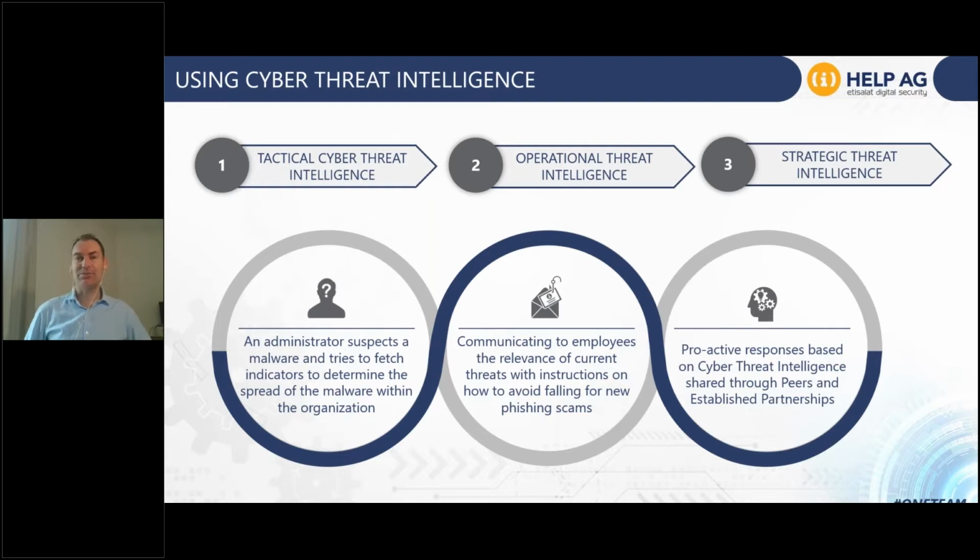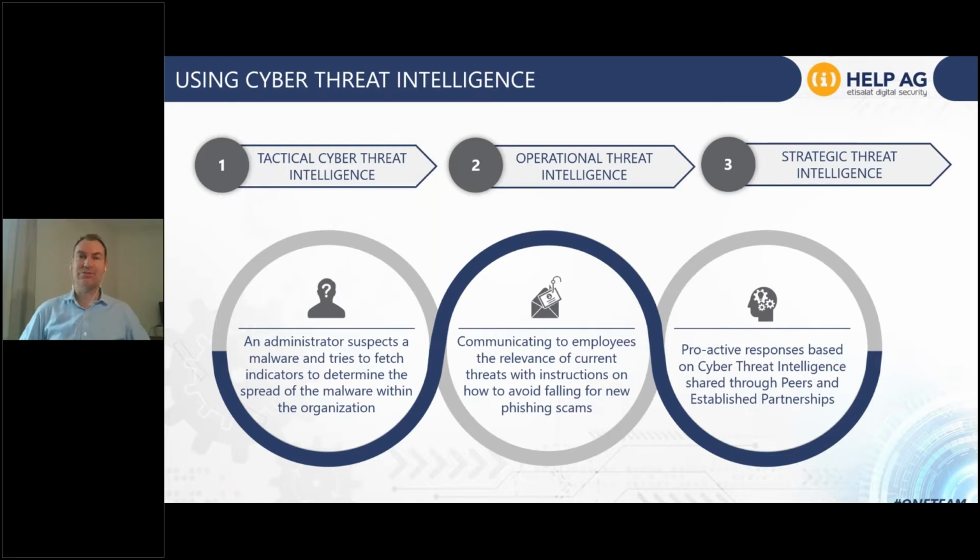An example is an administrator taking indicators to see if there's malware, to determine if that malware is spreading within an organization. The second is operational intelligence, which is typically used on a regular or scheduled basis. The example here is regular communication to employees to notify them about threats and how to respond to them, including what to look out for.